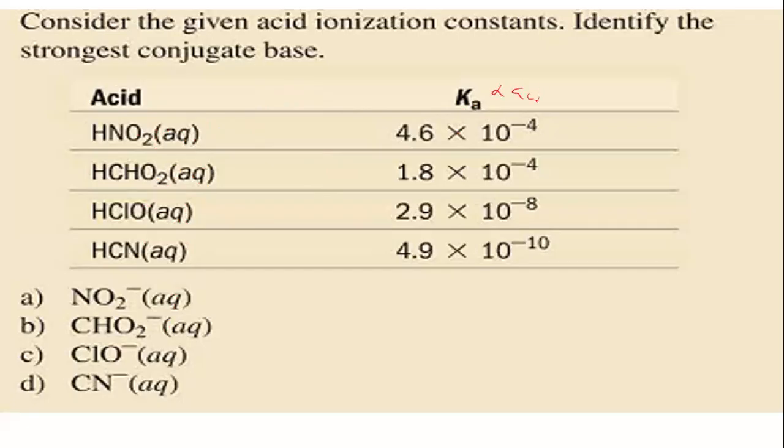So we want to find the weakest acid, and it's the one that has the lowest K value. Now that will be 4.9 times 10 raised to the power negative 10, right? This will be the weakest acid. Now the weakest acid here will have the strongest conjugate base, right?